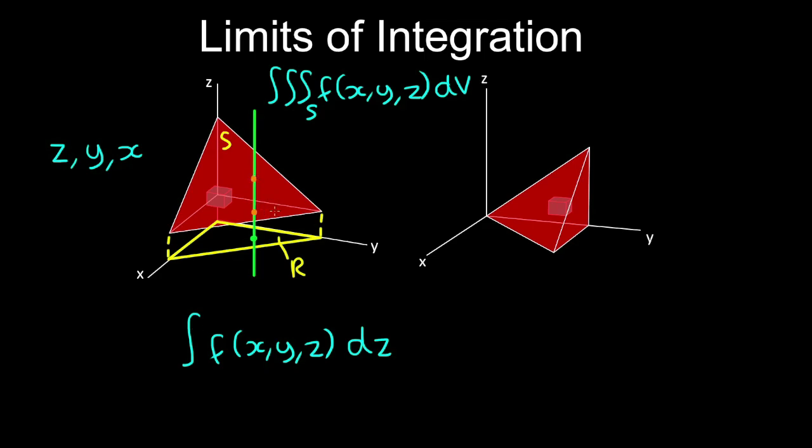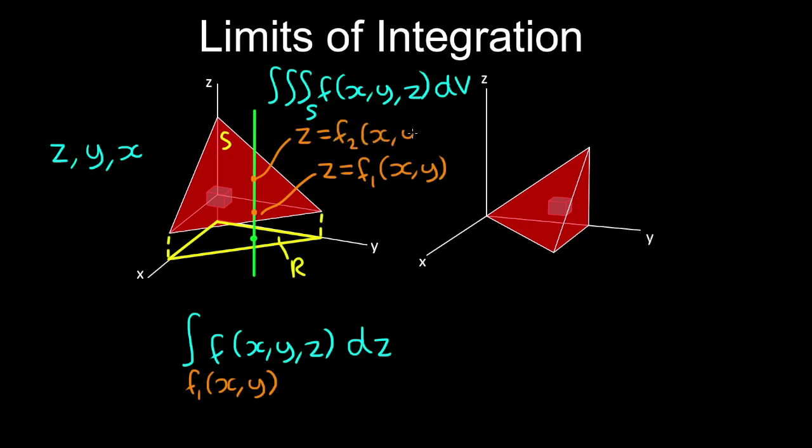Our lower limit of integration is the function defining this bottom surface, a function of two variables, being where this line enters the region. We get our upper limit where the line exits the region. This bounding surface is defined by another function of x and y, which is our other limit of integration.